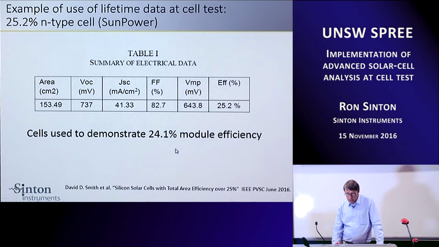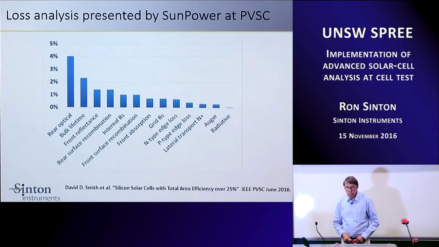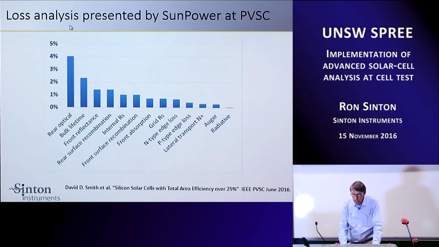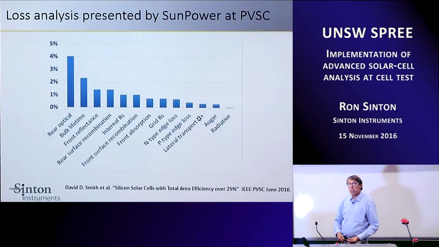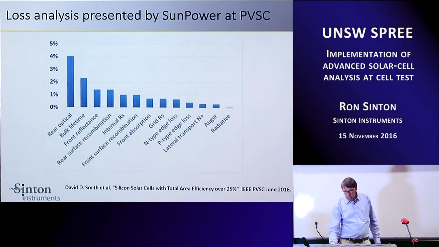But what's really interesting is that they did a full energy loss analysis in this paper, which they showed here, the biggest loss being rear optical loss, and then bulk lifetime, front reflectance, on down to Auger and radiative recombination. And I'll show how you could measure each of these at the IV tester to the extent that you can.